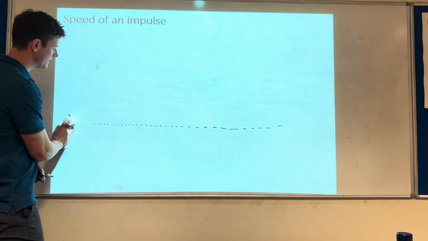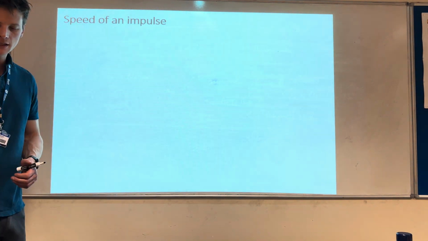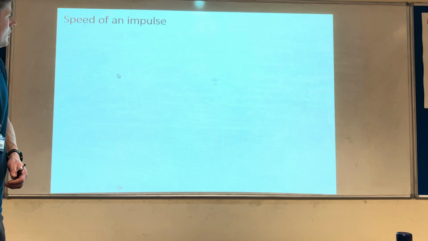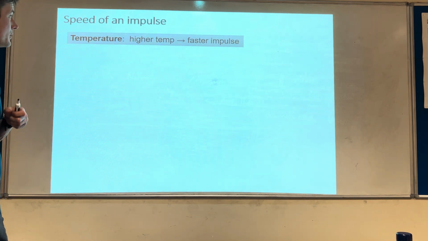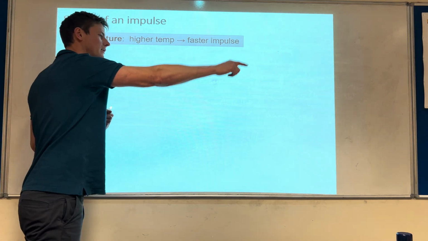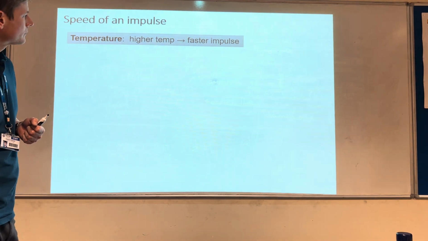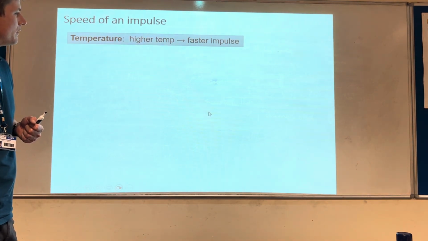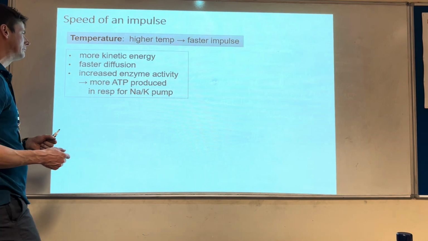Right, so there are factors then that contribute to the speed of an impulse. First one is temperature. Higher temperature means a faster impulse, or faster transmission of those action potentials along the whole length of the neuron. Why? Well, kinetics.